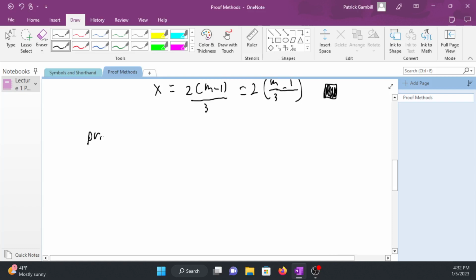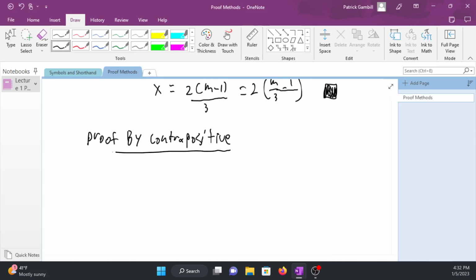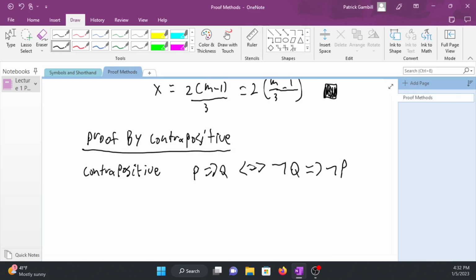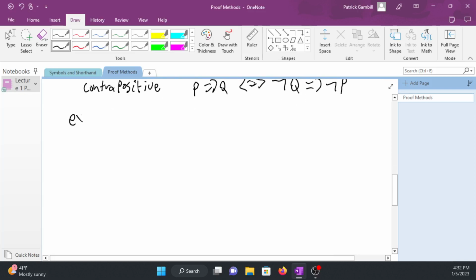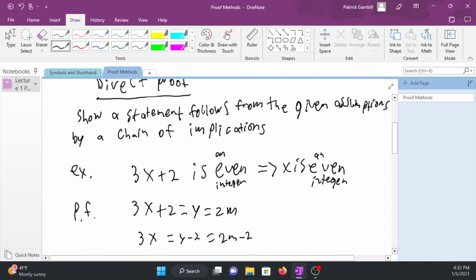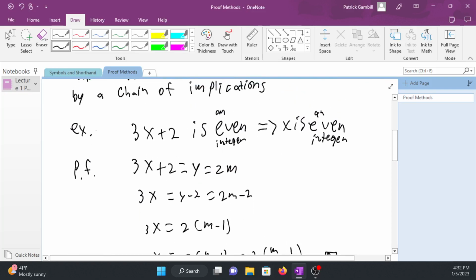Now, what if we want to do a proof by contrapositive instead? Well, recall that the contrapositive takes the original statement, P implies Q, and gives us the logically equivalent contrapositive, which is the negation of Q implies the negation of P. So, for example, our statement above was: 3x plus 2 is an even integer, therefore x is an even integer.